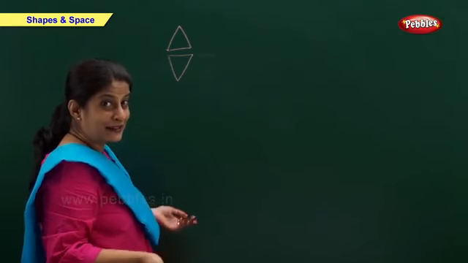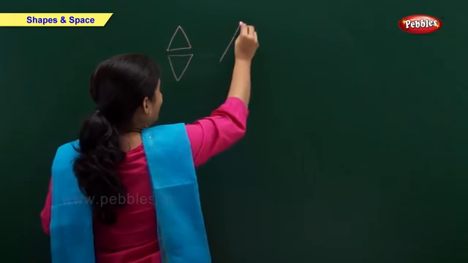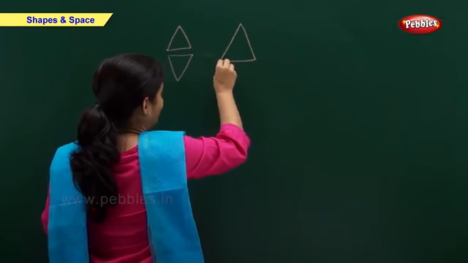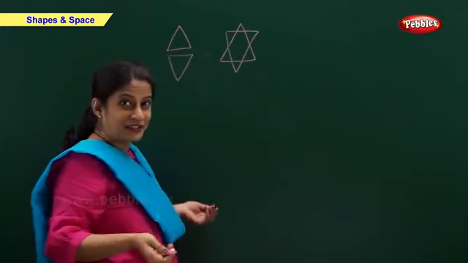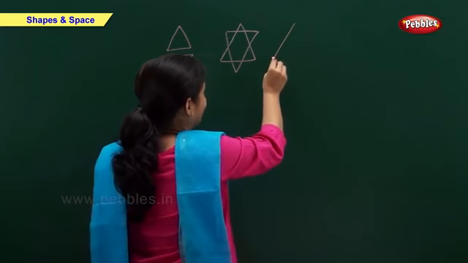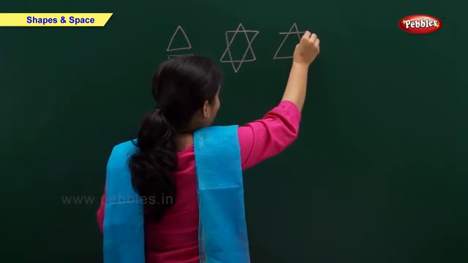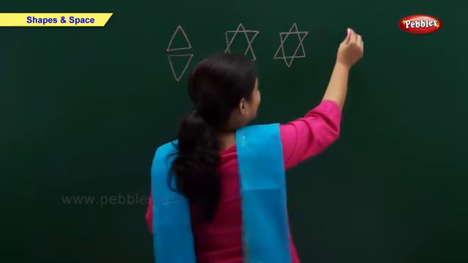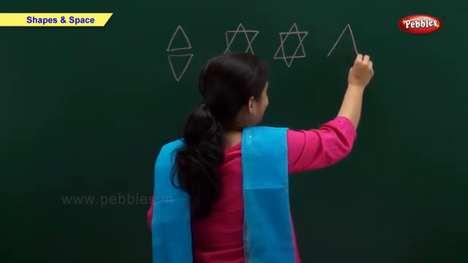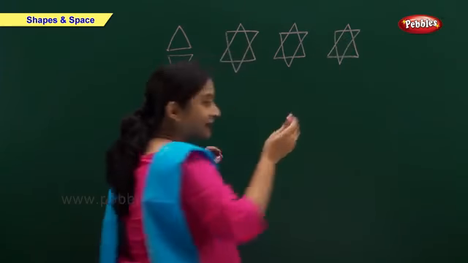And now let's overlap these triangles and make a star. Star. Star. Star. Now let's draw an oval.